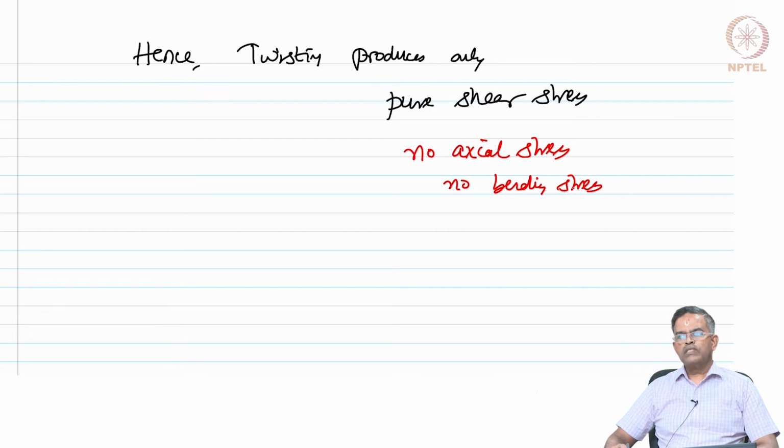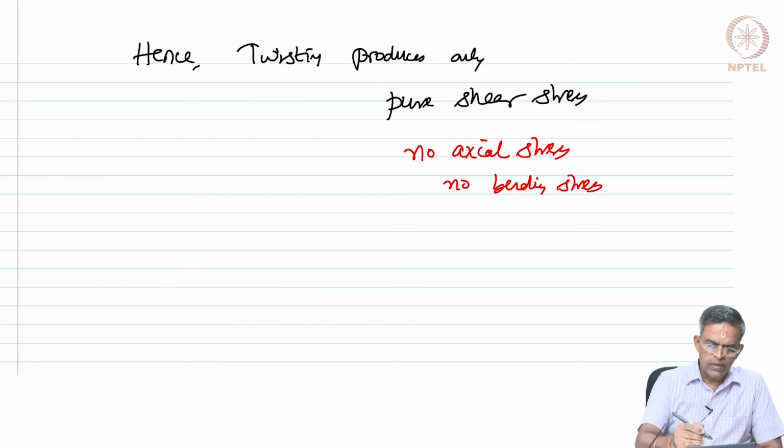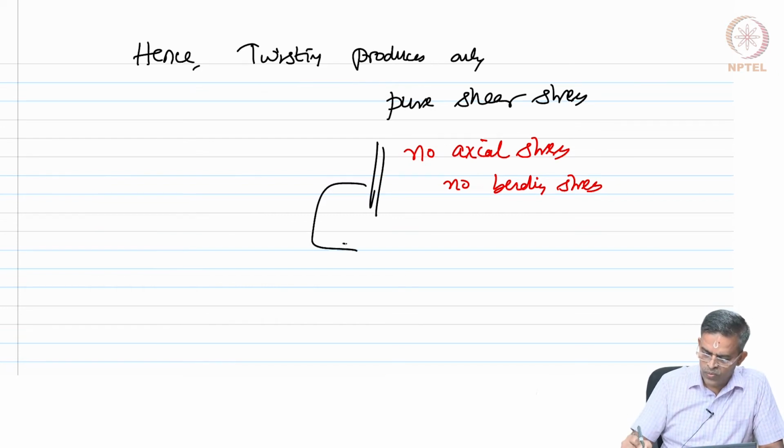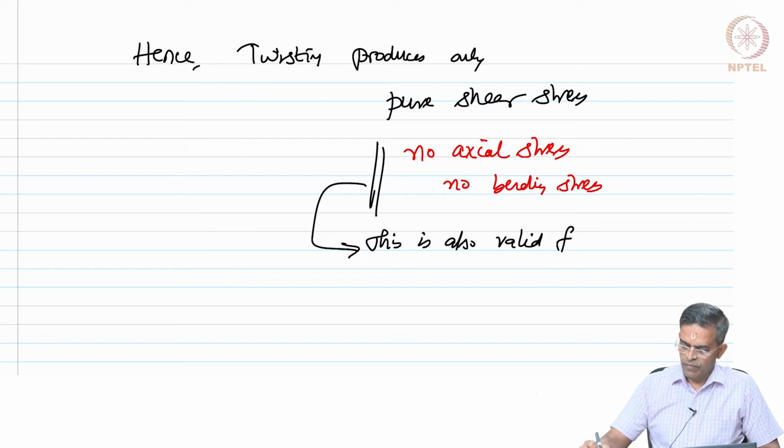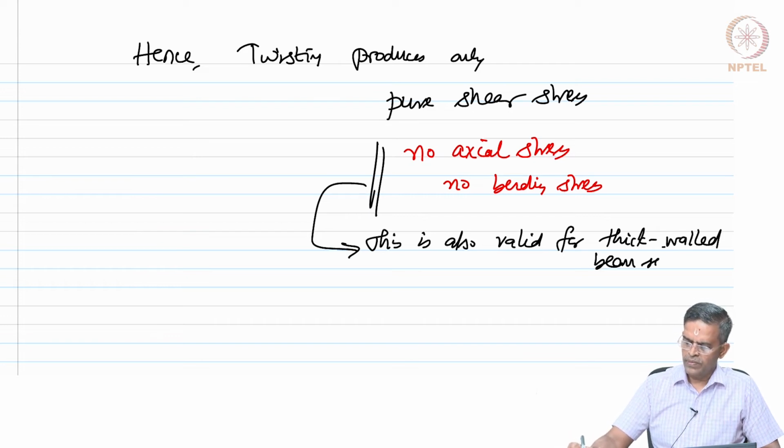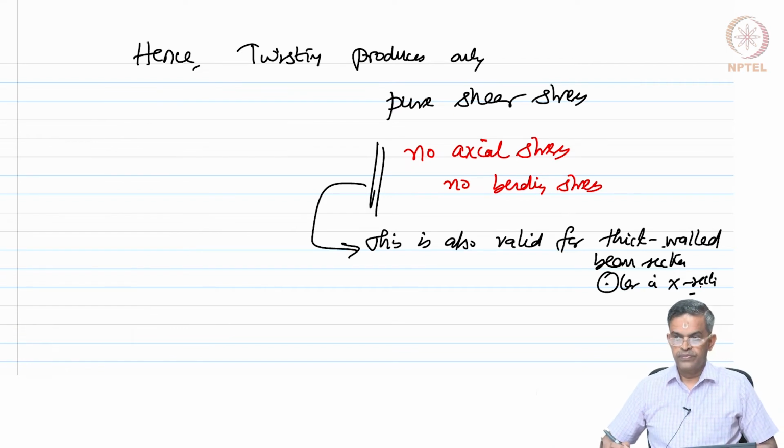Okay. Such a behavior under pure torsion is perfectly valid for circular cross section in addition to thick walled beam sections. Okay. So, this is also valid for thick walled beam section which is circular in cross section.